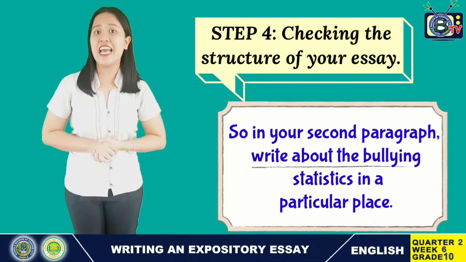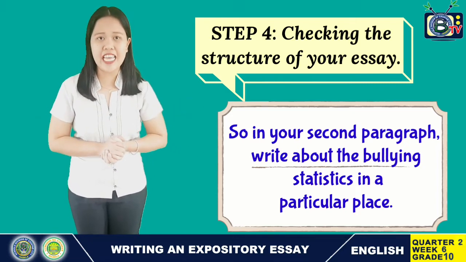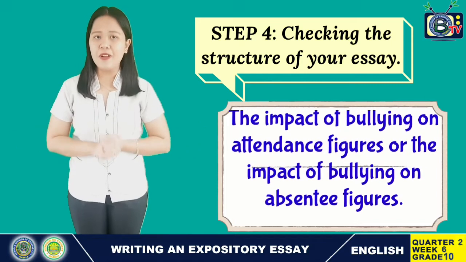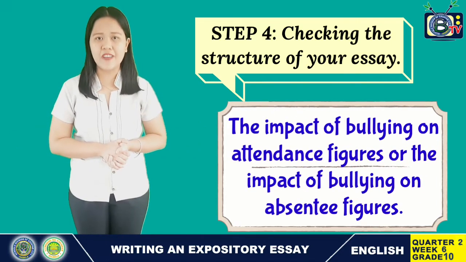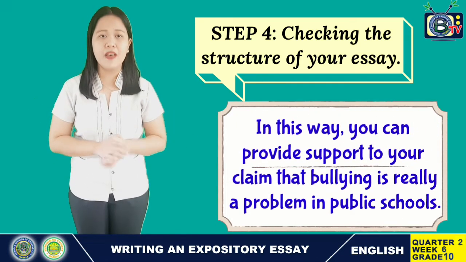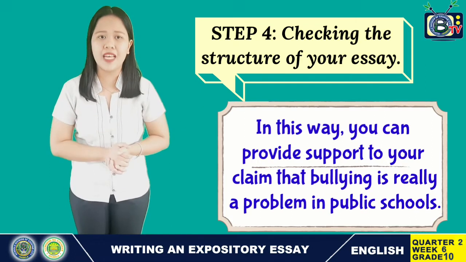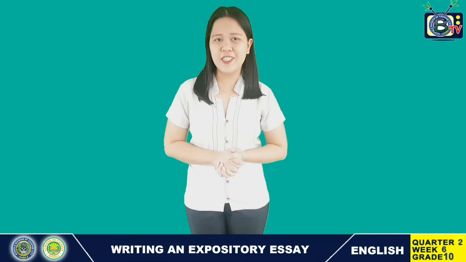So in your second paragraph, write about the bullying statistics in a particular place, the impact of bullying on attendance figures, or the impact of bullying on absentee figures. In this way, you can provide support to your claim that bullying is really a problem in public schools.